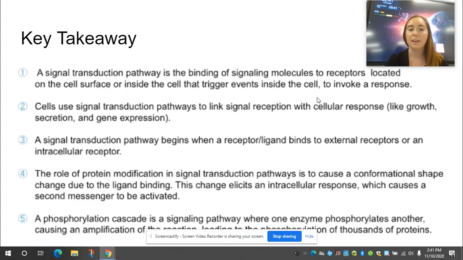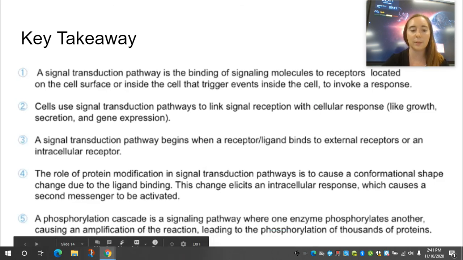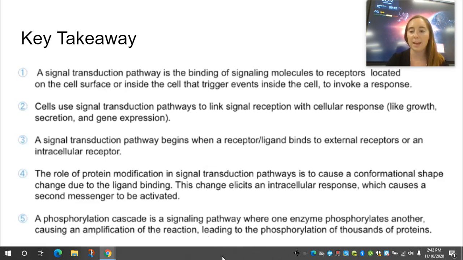We looked at that. Then the protein modification causes a conformational change where the ligand bound. This change sends an intracellular response, which causes a secondary messenger to be activated. That's when we saw GDP being activated to GTP, which then activated our secondary messenger cAMP. Finally, a phosphorylation cascade is a signaling pathway where one enzyme phosphorylates another, causing an amplification of the reaction.